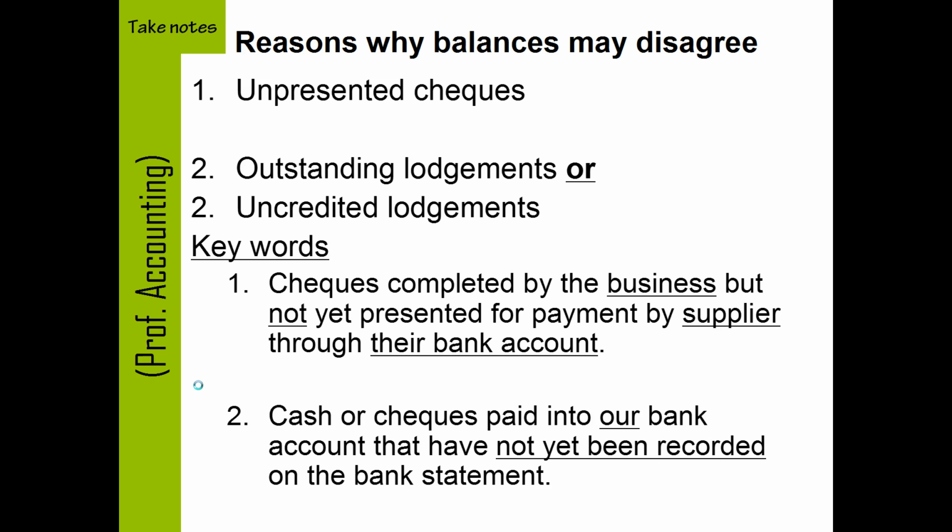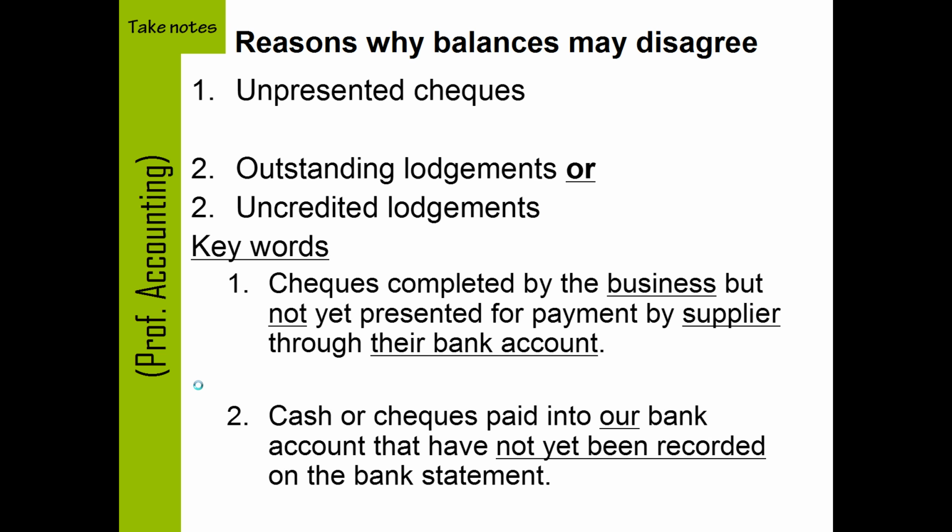So at the time a business completes this task of bank reconciliation, they're looking at a bank statement, and although money has been paid into the bank, they don't know that because it's not on the bank statement. So that is an example of timing difference.